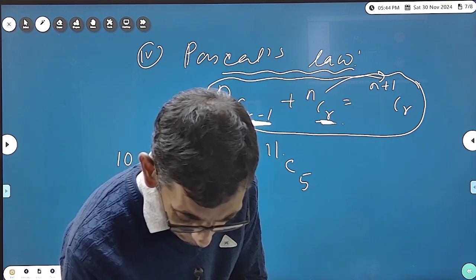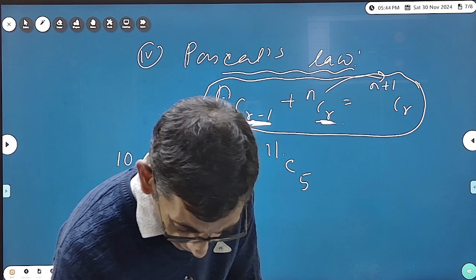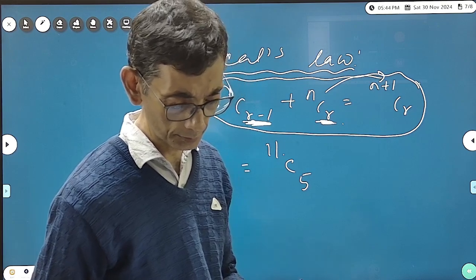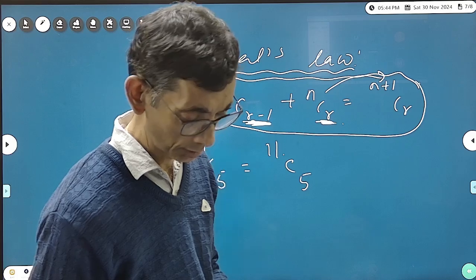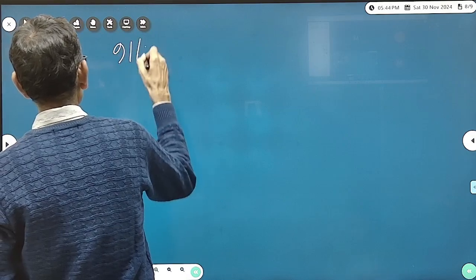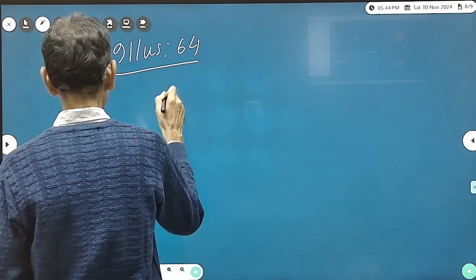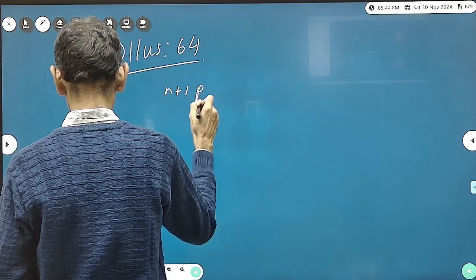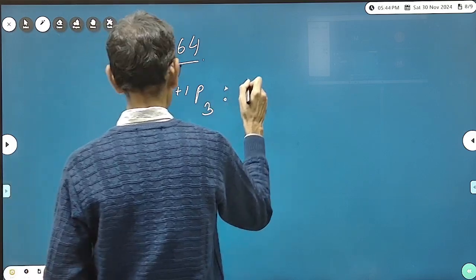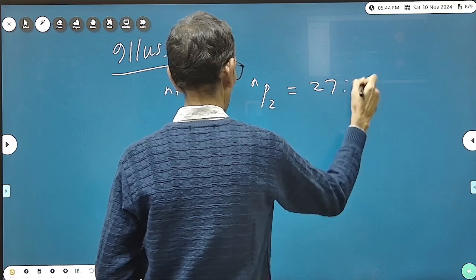There are one or two more formulas, but before that, let's try questions. Illustration 64: (n plus 1)P3 is to nP2 is equal to 27 is to 9.